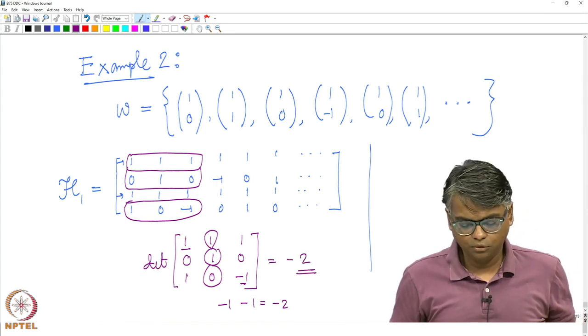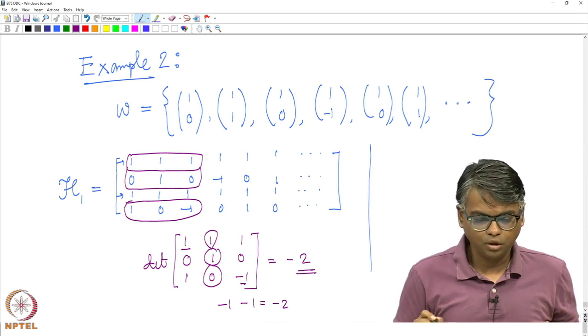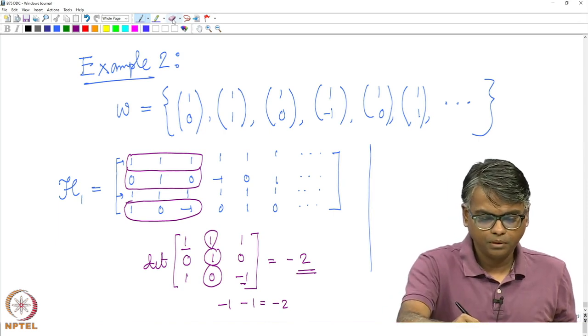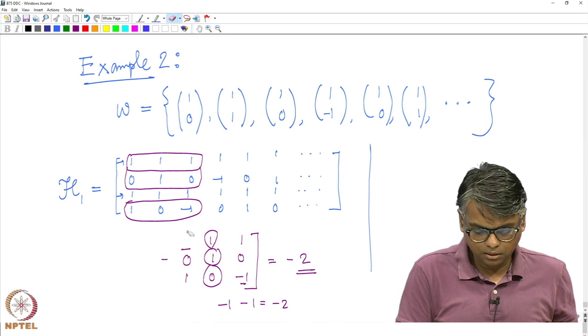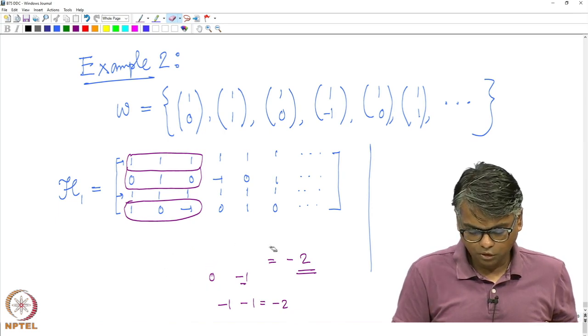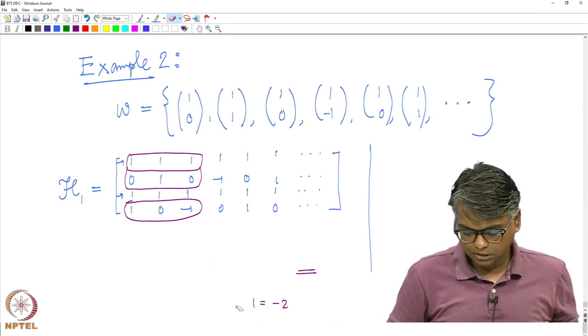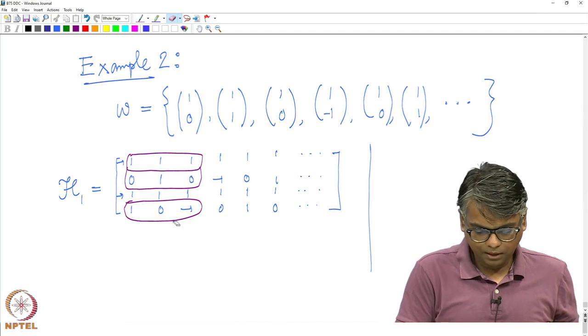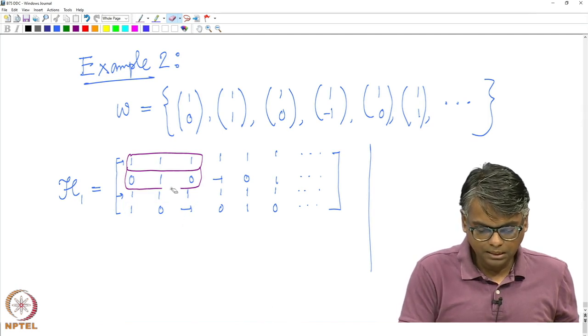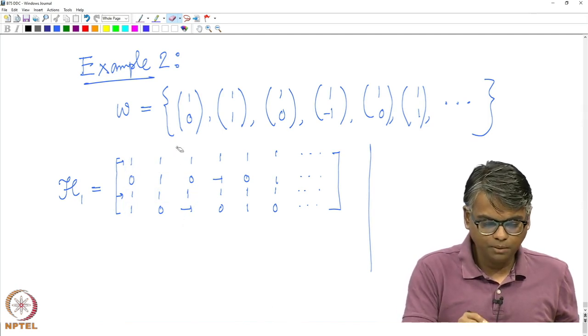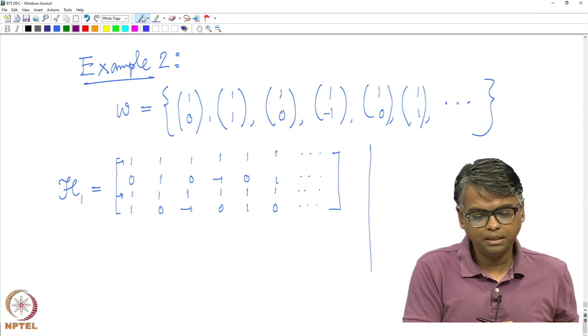Because the determinant is equal to minus 2, this is a non-singular block. Because it is a non-singular block, the rank will be at least 3, but it cannot be more than 3 because there is one dependency we know.